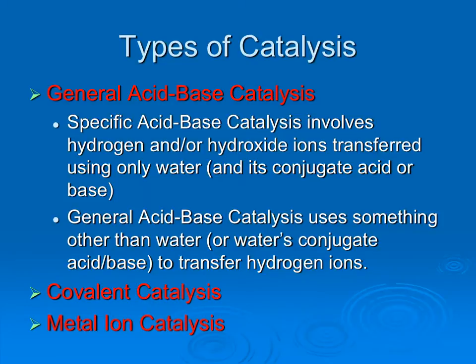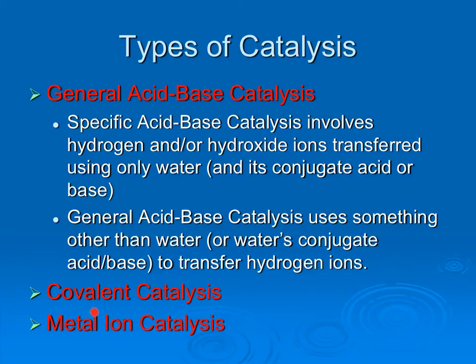For example, a lot of you who are looking at the proteases, where a serine protease or something like that comes through, it uses some type of general acid, general base, and it uses a covalent catalysis. Okay, so it doesn't have to be mutually exclusive.